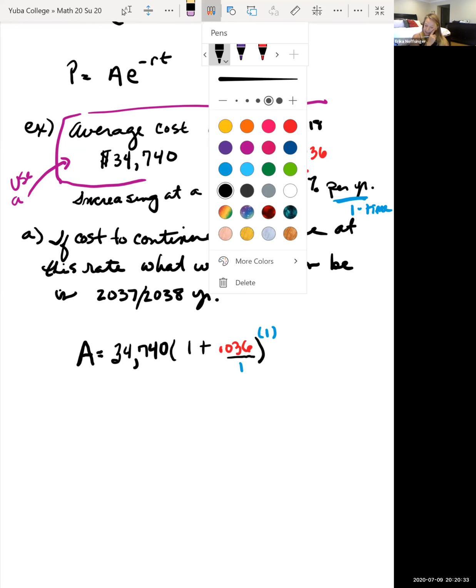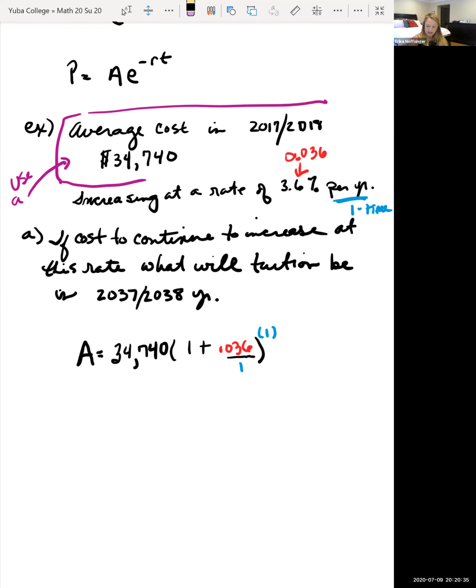And then t is the time, and we're going to use t equals 0 in 2017.